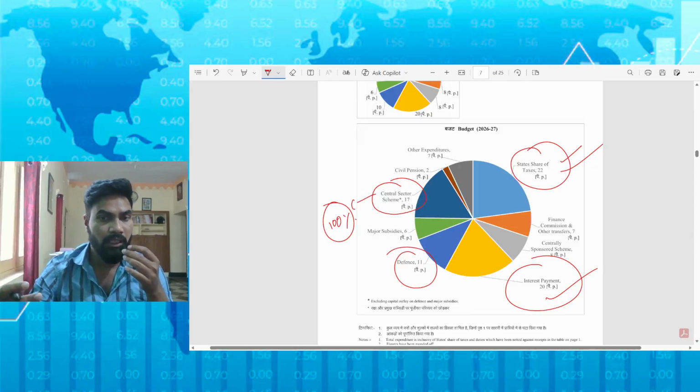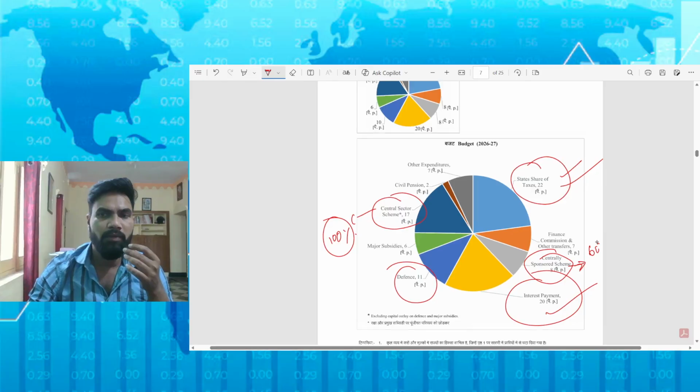The next after that is centrally sponsored schemes. For general category states, in the implementation of these schemes, 60% of the expenditure will be borne by the central government, and 40% will be contributed by the state governments.